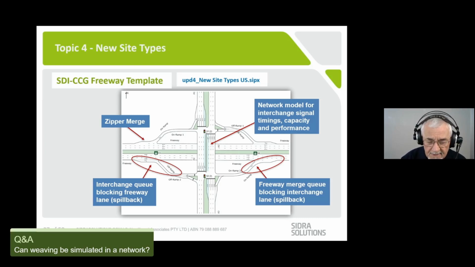But the slide I'm showing you, SIDRA has been used for interchange modeling for a long time. But they've only looked at the interchange, not the freeway part of it, just the couple of intersections over the bridge or below the freeway, how do they operate and so on.